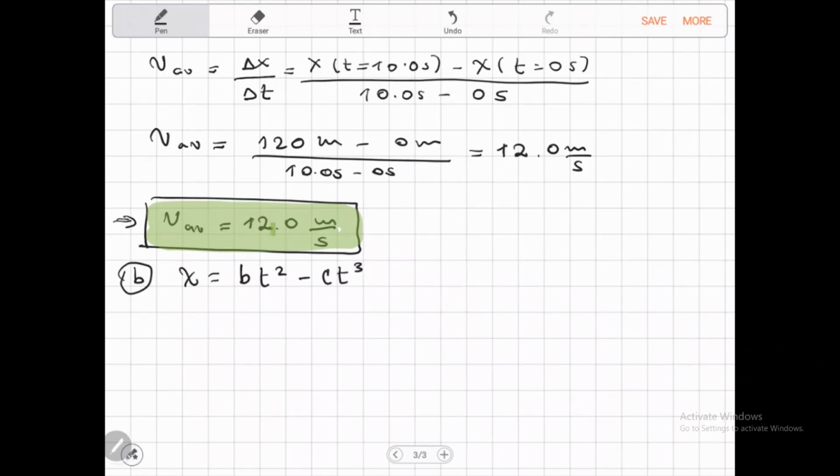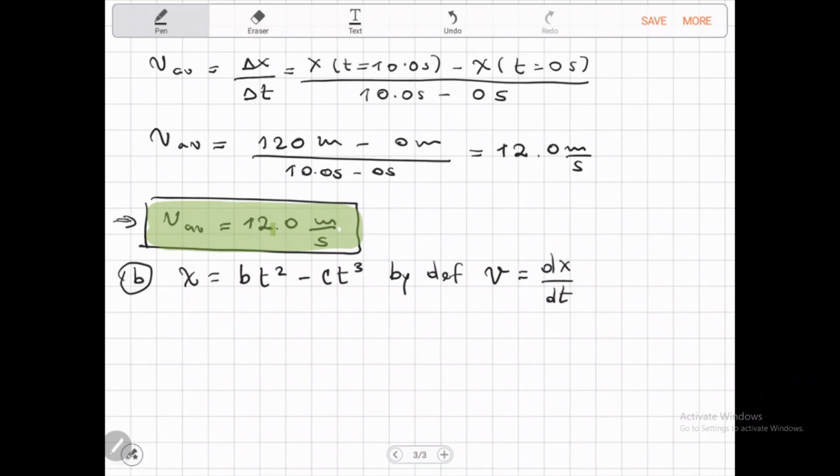But by definition, we are going to use this formula. V is the instantaneous velocity, and that is equal to the derivative of the position with respect to time, x of t.